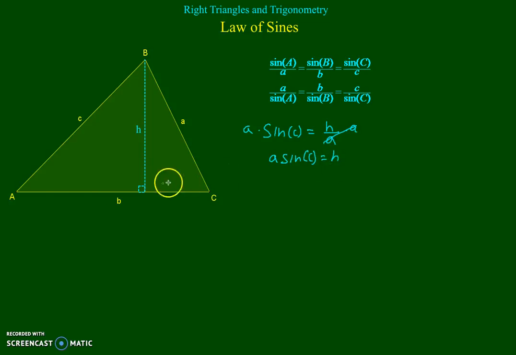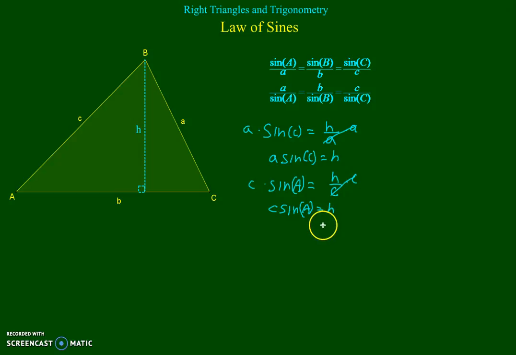Now I'm going to do the same thing, only I'm going to use this angle, SOH CAH TOA. Sine A equals opposite over hypotenuse, H over C. Again, I'm going to solve for H, so I multiply by C, and we have C sine A equals H. These cancel out.